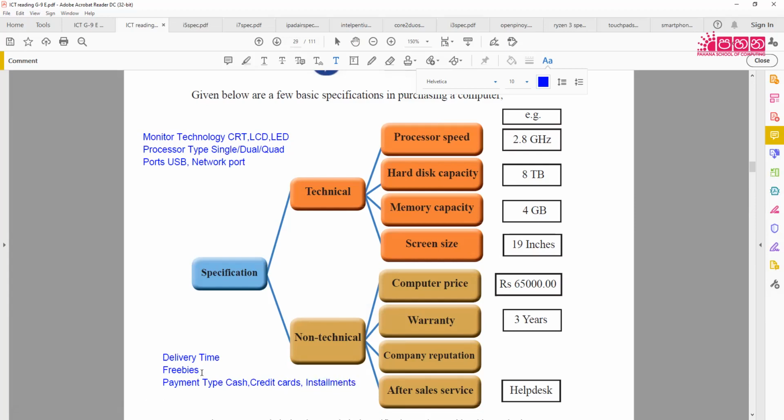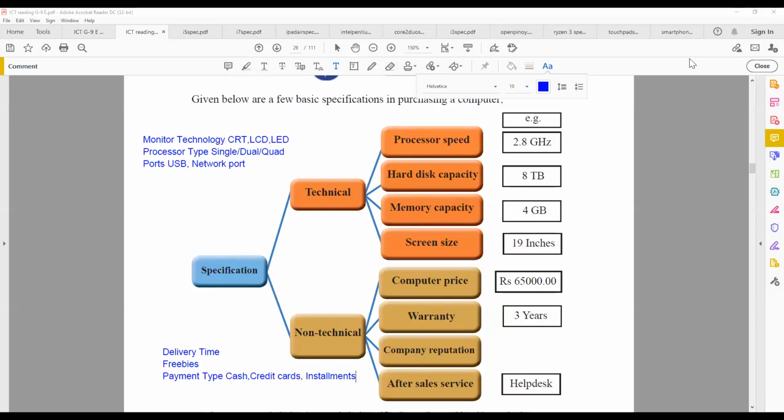When you say installment, there are many technical specifications: monitor technology, the processor type, ports, number of ports it will support, whether you have a graphic card or not. Non-technical ones like delivery time, how fast they can deliver, right? And any freebies, meaning whether you are getting a computer bag when you purchase a computer, so you can look for those.